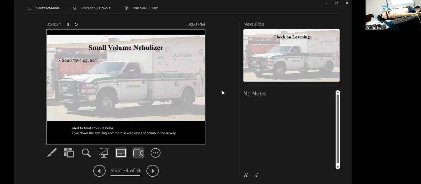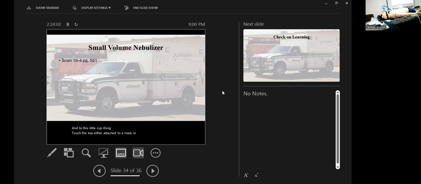It comes in little things that look like this. We call them bullets. Pop the top off, squirt this stuff into this little cup thing. Attach the top, either attached to a mask or a peace pipe.